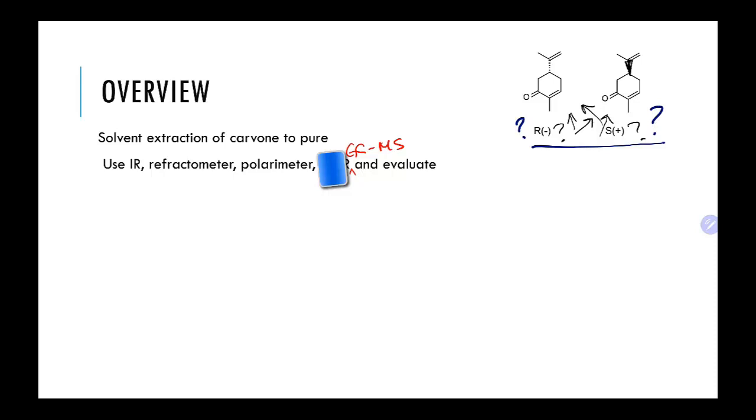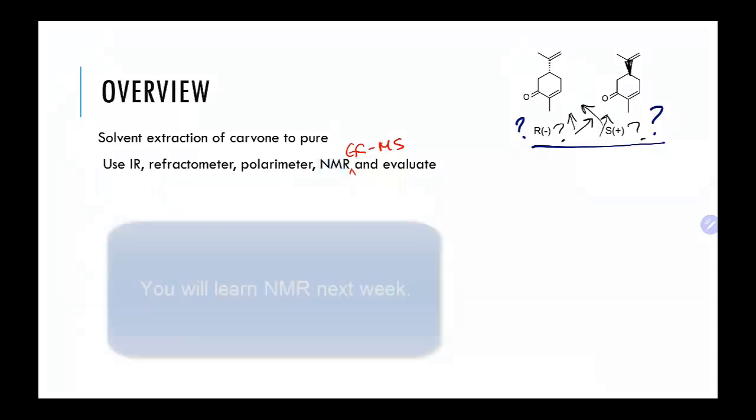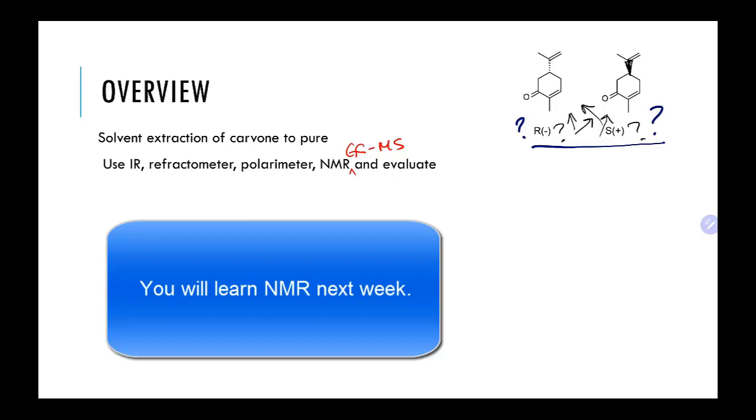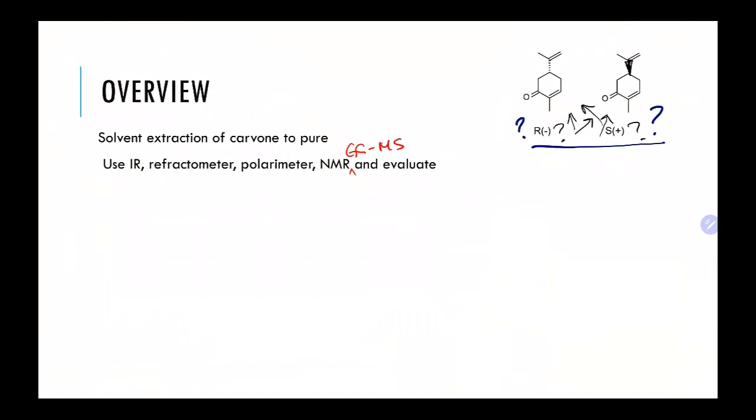So you would look up the information about carvone like you normally do, but we'll look at whether you have the R or S, whether you get a positive or a negative rotation on the polarimeter. So the polarimeter is the only thing that will help us tell this information. We'll use IR to look at functional groups. We'll look at the GC mass spec to look at structural information, and later on we'll look at NMR data.